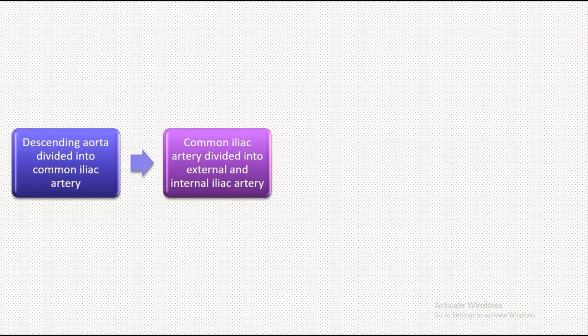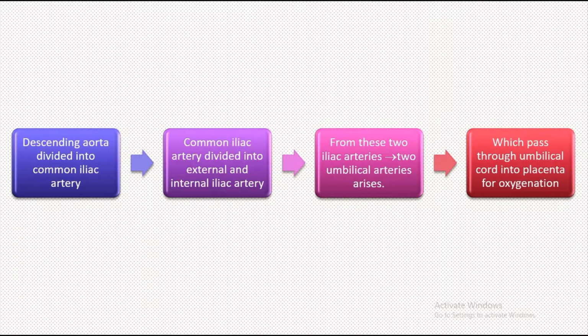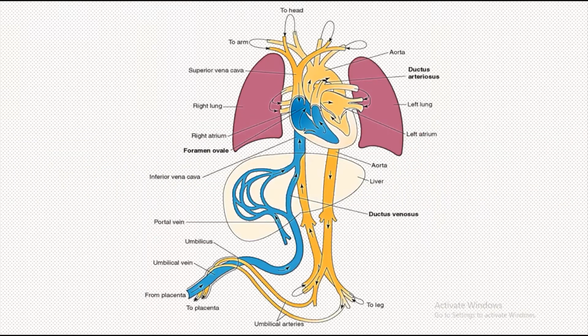And at the last, from the two internal iliac arteries, two umbilical arteries arise, which pass through the umbilical cord into the placenta for oxygenation. So this is how the cycle starts: oxygenated blood travels from the umbilical vein into the heart.